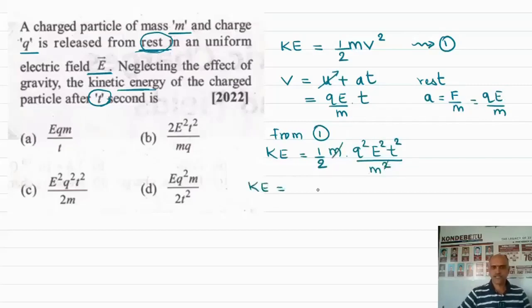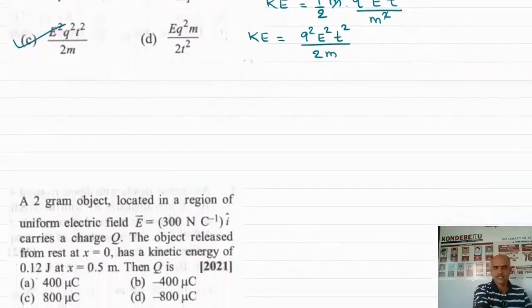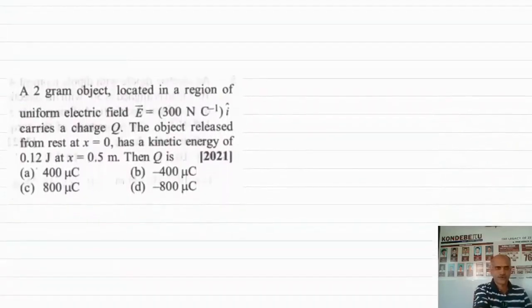You will have the answer Q square E square T square divided by 2M. Check the options: E square Q square T square by 2M. Option C is the answer. Option C. Clear? Hope you are understanding and it is helpful to you.